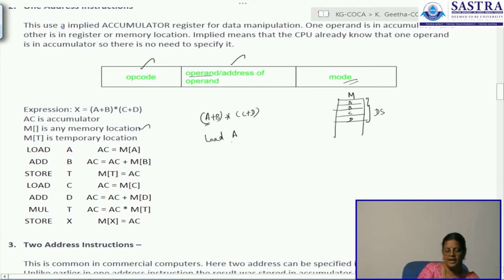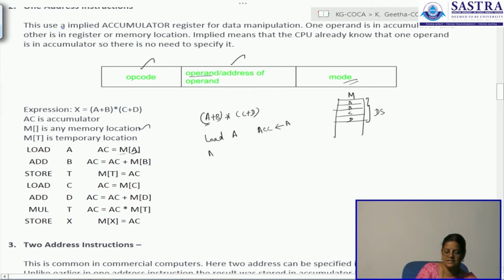So if I give load A like this, what will happen? The accumulator will be loaded with the data A. This data is available in the memory, so we have only mentioned it as M, and A gives the address. So when I execute this instruction load A, I will be loading one data item into the accumulator. Then add B. So directly I can add with the memory content.